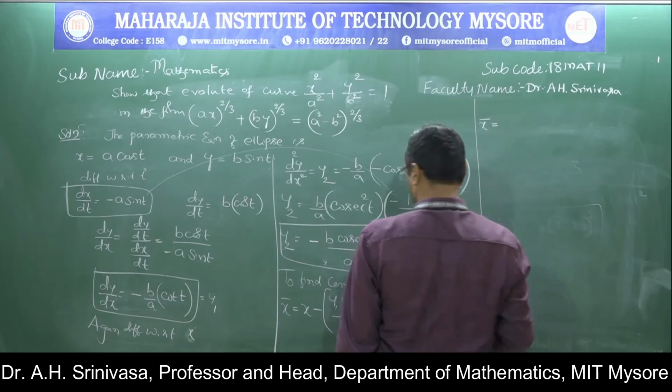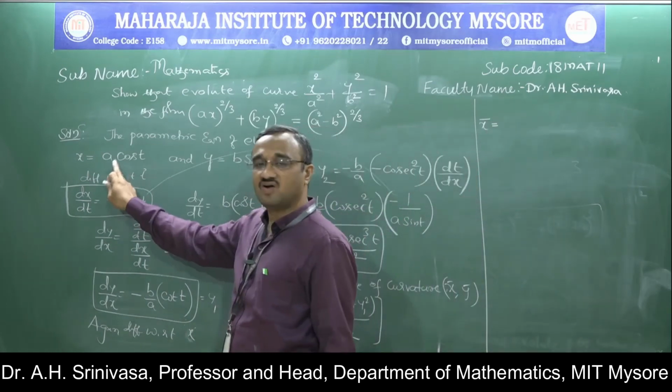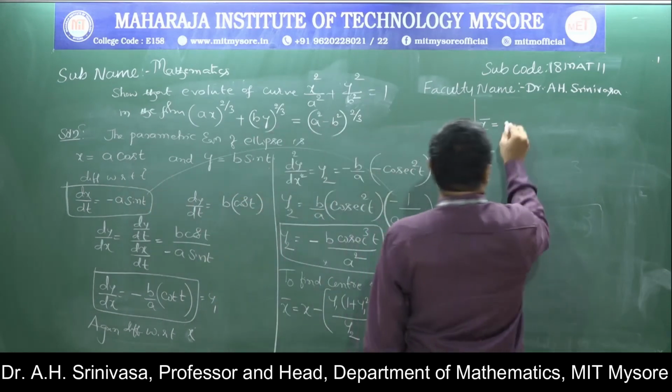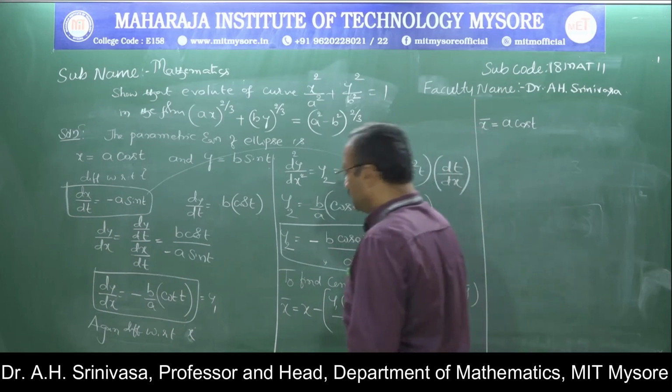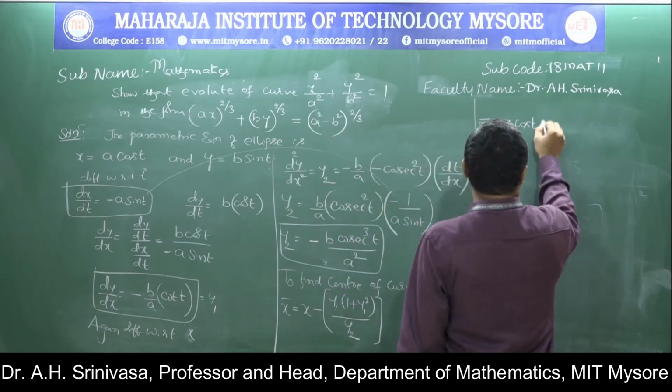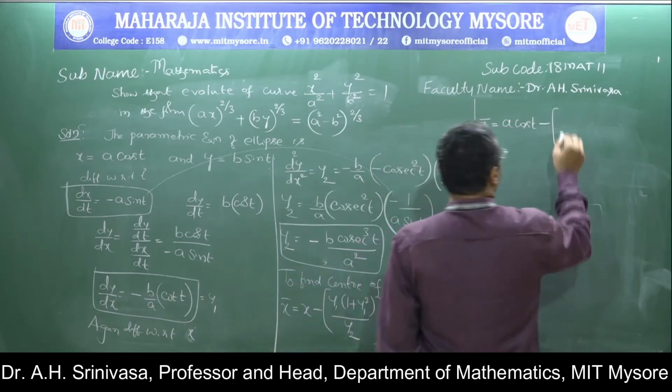X bar should be equal to, what is the value of x? The value of x is a cos t, a into cos t. Then y1 value, put a negative. What is that y1 value?